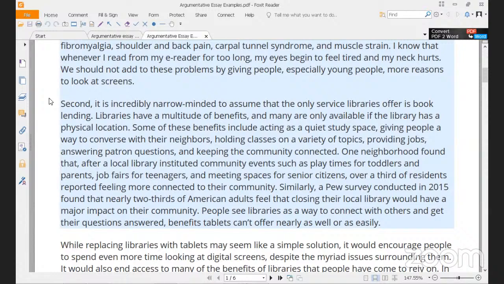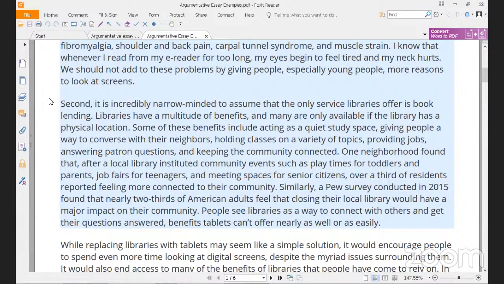Some of these benefits include acting as a quiet study space, giving people a way to converse with their neighbors, holding classes on a variety of topics, providing jobs, answering patron questions, and keeping the community connected.